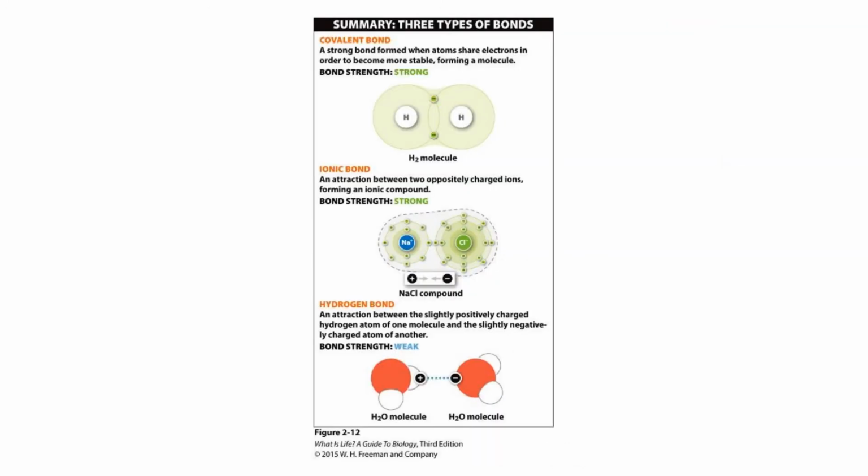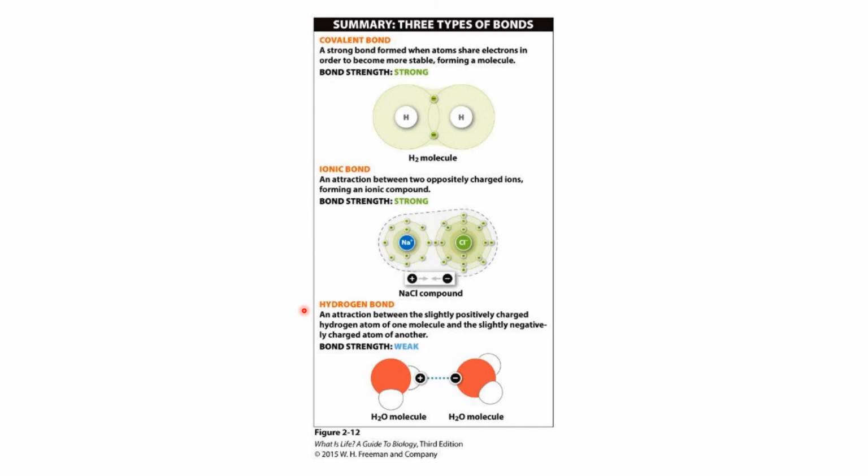To summarize, we talked about covalent bonds, and that's when elements share their electrons. Ionic bonds is when you have one element losing an electron and the other element accepting that electron. And then hydrogen bond is the bond that's going to occur between a slightly positive hydrogen and a slightly negative atom.